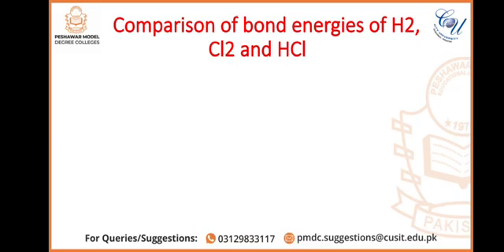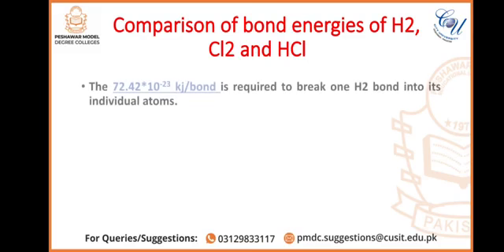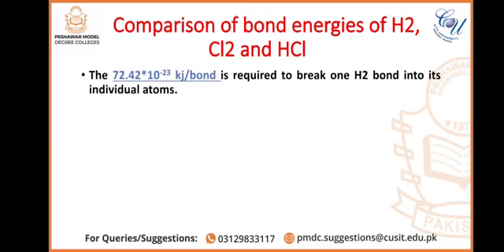As we have discussed that bond energies depend on certain factors, to understand that, we compare the bond energies of some molecules, for example hydrogen, chlorine and HCl molecule. For example, energy required to break one hydrogen-hydrogen bond is 72.42 × 10^-23 kilojoule.